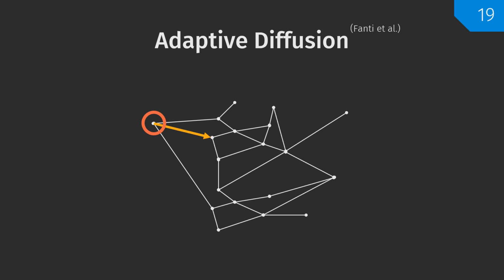In a second round, we now want to apply a statistical model. In this case, we use adaptive diffusion by Fanti et al., which works by selectively spreading the apparent center of the distribution graph.